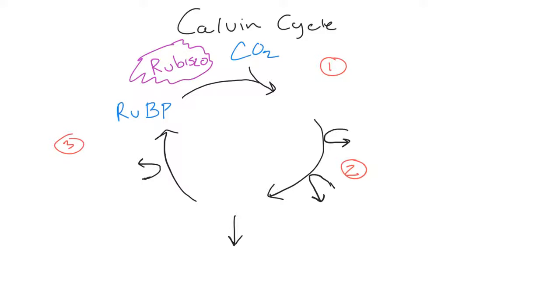So it adds carbon dioxide to RuBP, and then it makes these 3-carbon molecules called 3-PGA. So the first step is carbon fixation, or carboxylation, you could say.